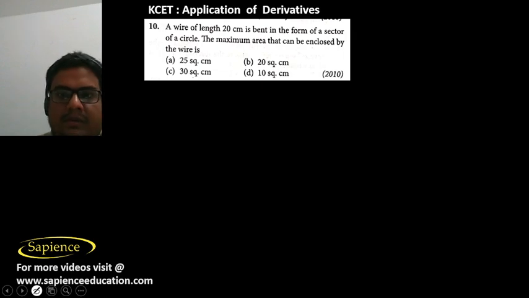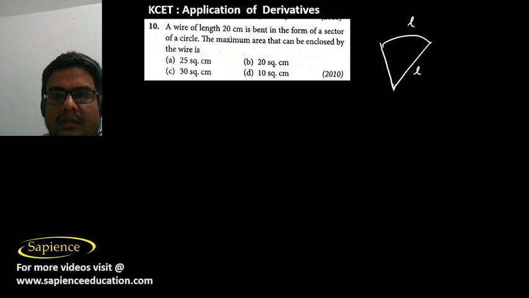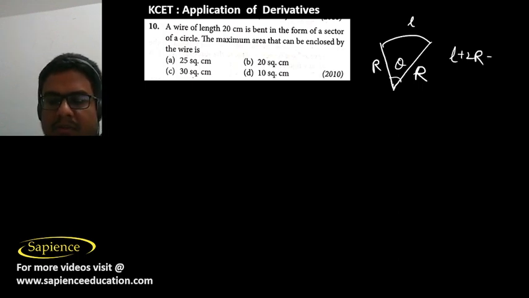So here, let's suppose the arc length formed at angle theta is L. I can say L plus 2R, the length of the wire, is 10 centimeter.